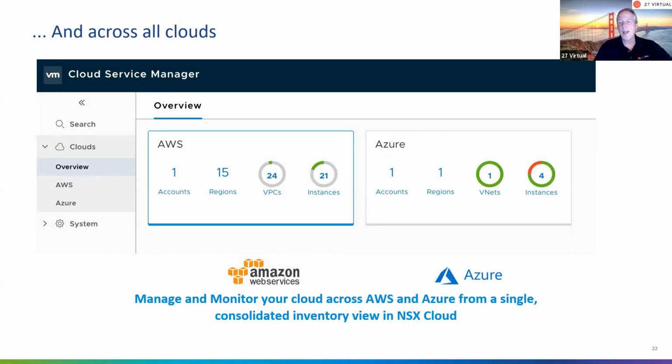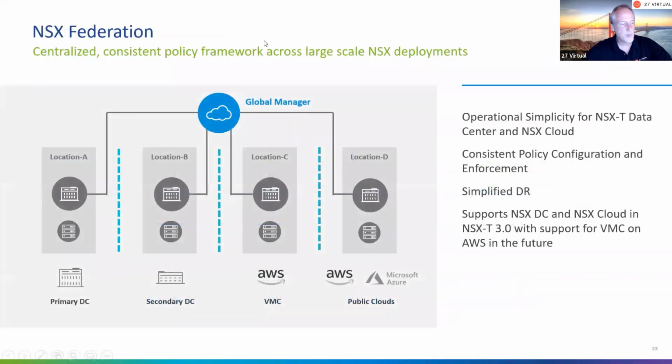There's an extra appliance that we'll deploy in an NSX deployment that gives us visibility into our workloads up in the cloud, and we can actually monitor and see the VPCs or the VNet instances we have running up in the cloud. We can see it by account, by region, and so on and so forth, and have that single pane of glass to monitor.